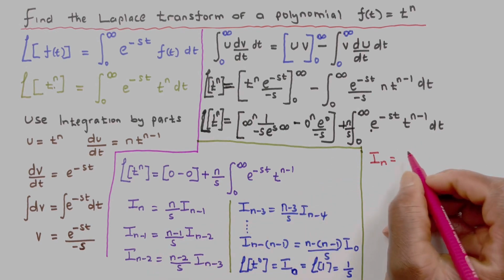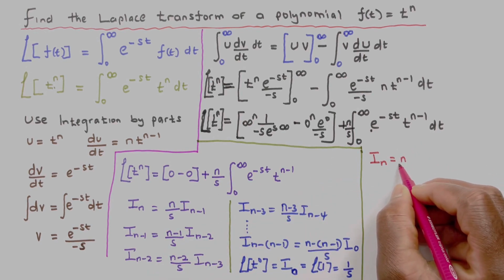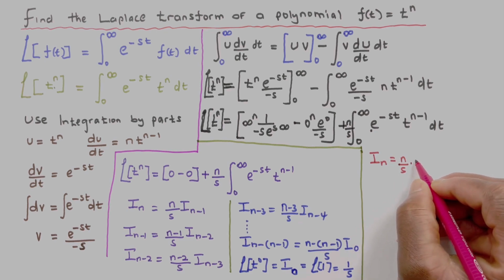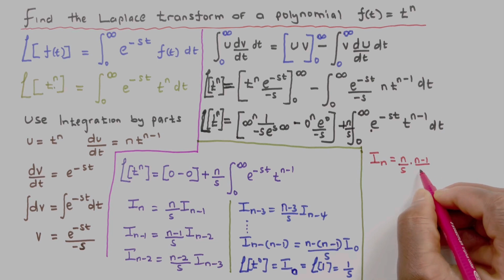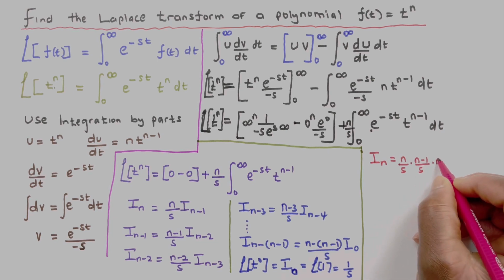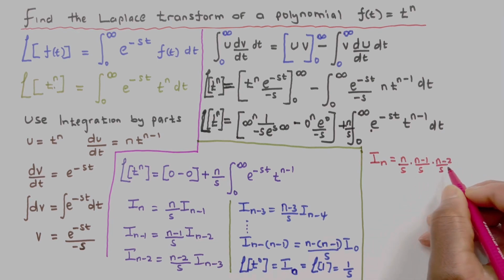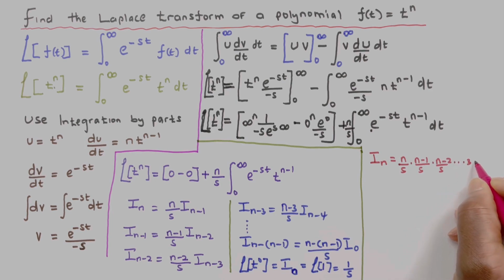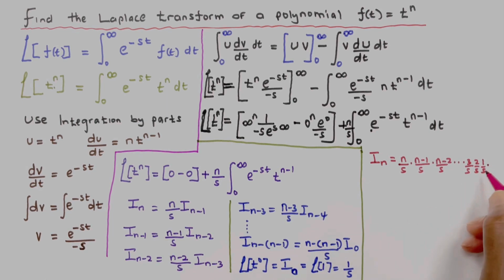So it's going to be n over s times I subscript n minus 1, which is n minus 1 over s, times n minus 2 over s, times, and it goes all the way to 3 over s, 2 over s, 1 over s. Then the last one will be I0, which is 1 over s.